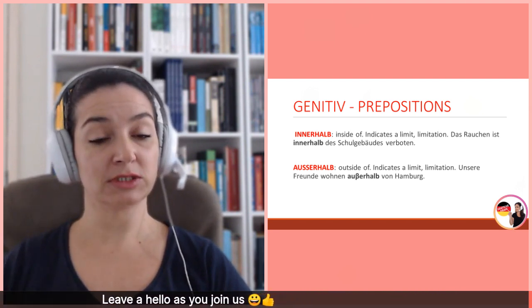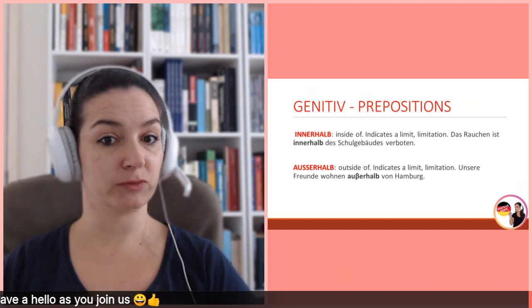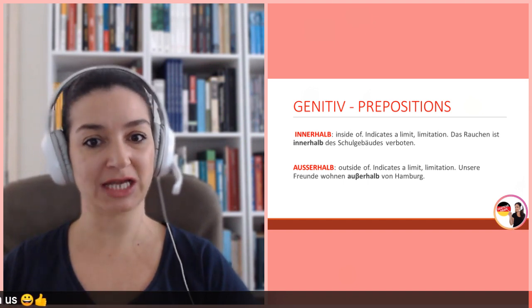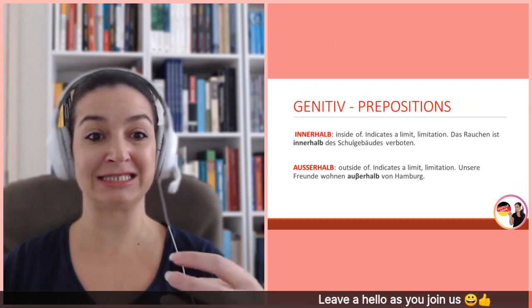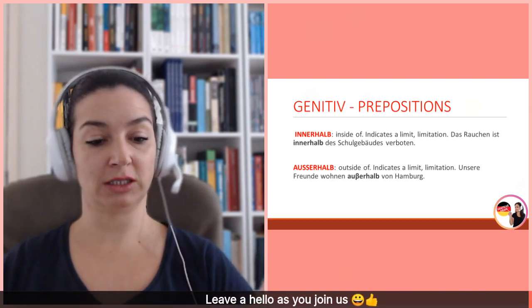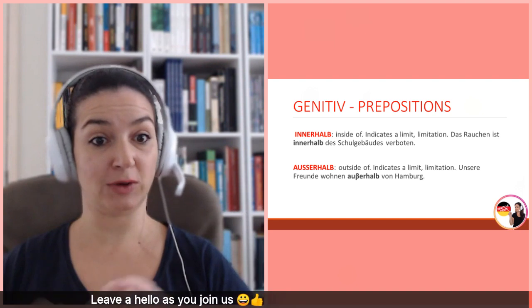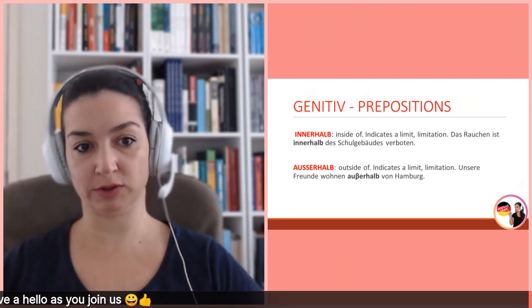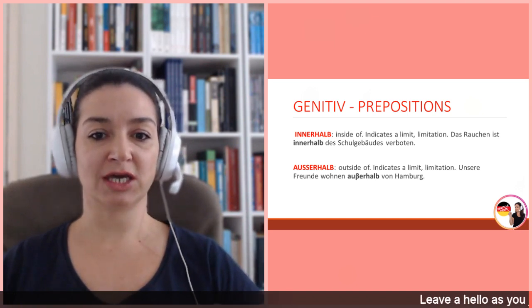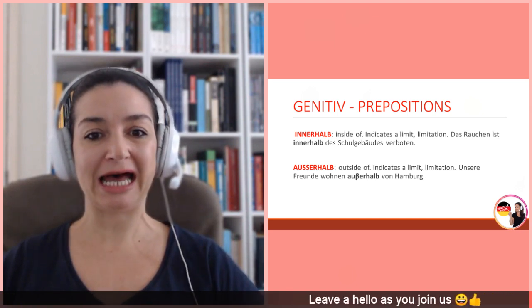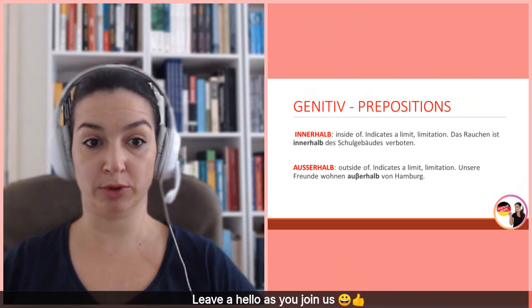Außerhalb is the contrary of innerhalb. So innerhalb is inside of, außerhalb is outside of. Again, it indicates a limitation because you have to be outside of those boundaries. Example: Unsere Freunde wohnen außerhalb von Hamburg.